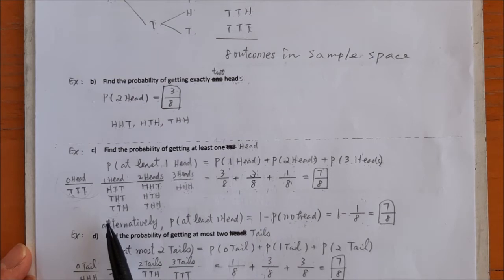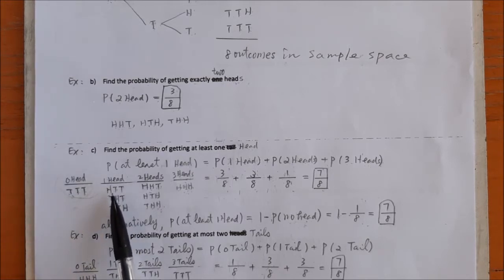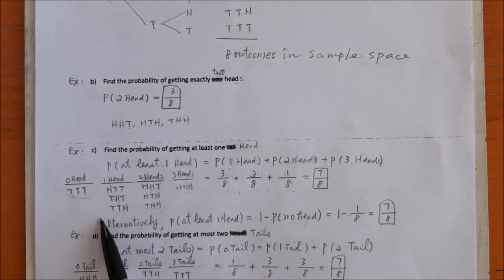You can use the tree diagram, or you can list over here. 0 heads, no heads, 3 outcomes are tails. 1 head, so it's head, tail, tail, or tail, head, tail, or tail, tail, head. Those are exactly 1 head.